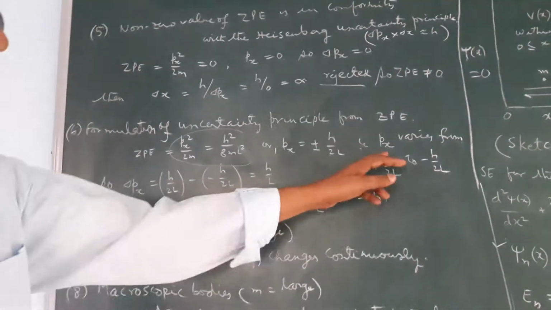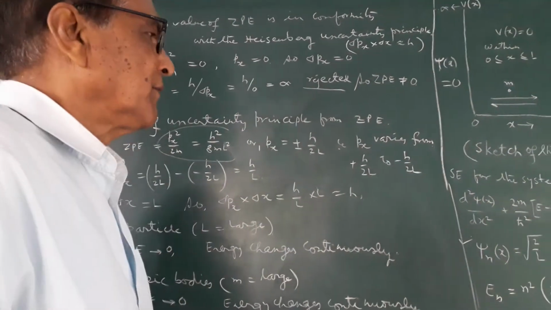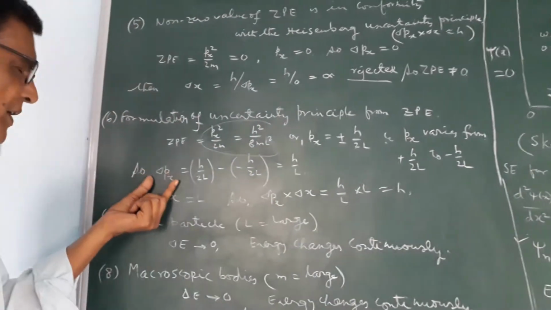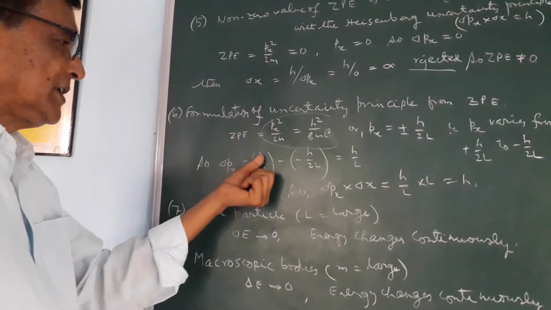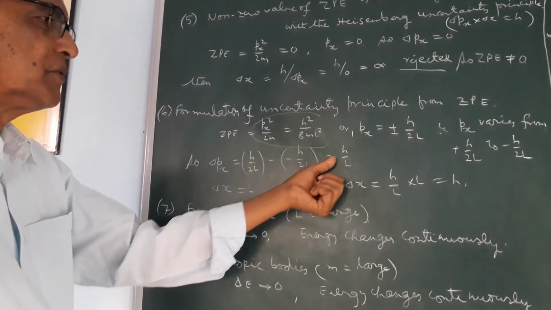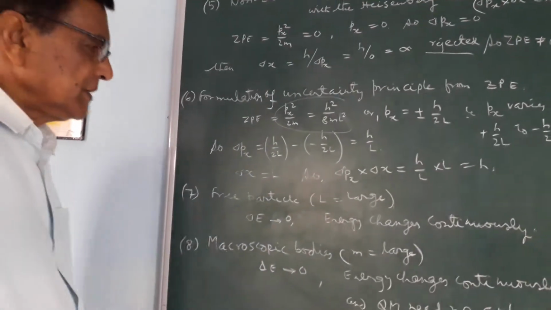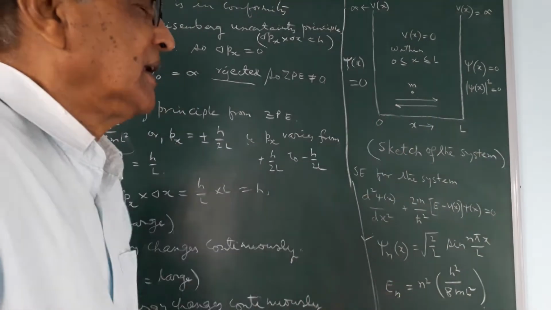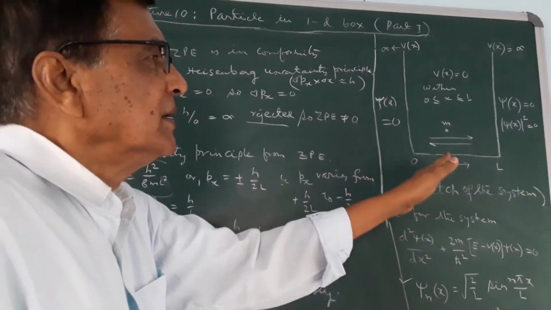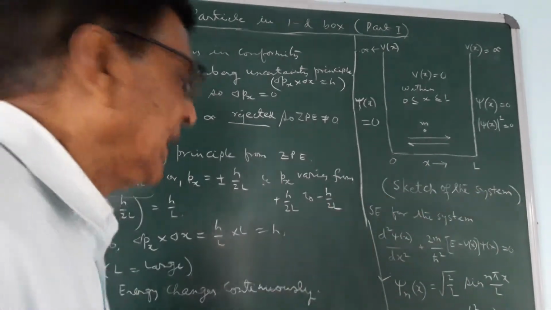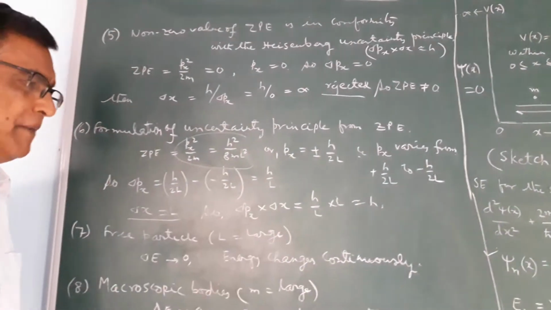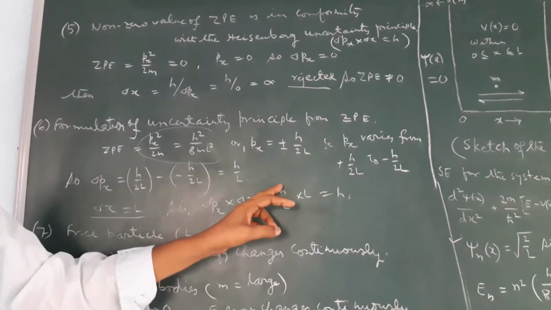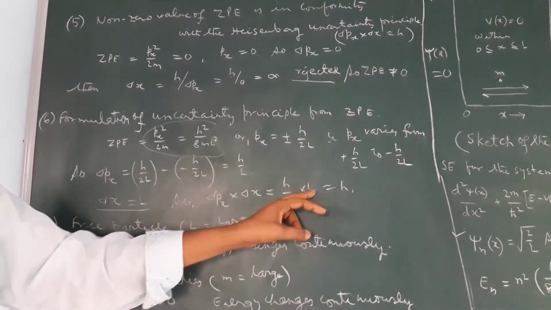So the uncertainty in px, delta px, is h by 2L minus minus h by 2L, equal to h by L. And the uncertainty in position of this particle is equal to L, as the particle will be somewhere within this box of length L. So delta x equal to L. Putting here delta px into delta x equal to h by L into L equal to h.